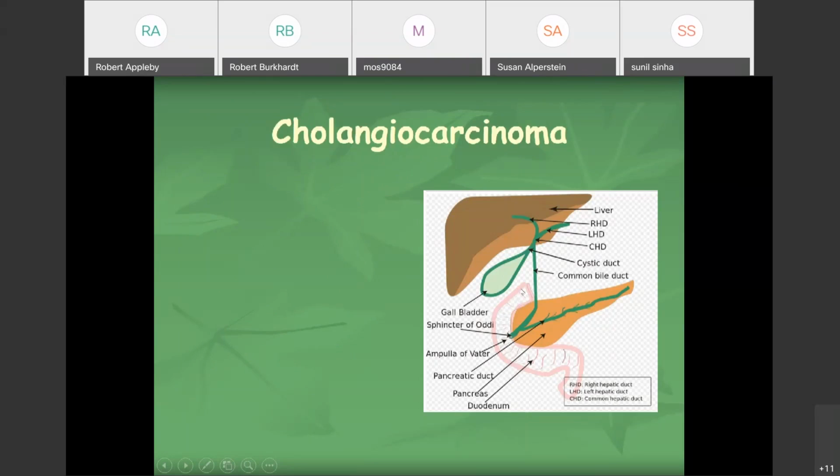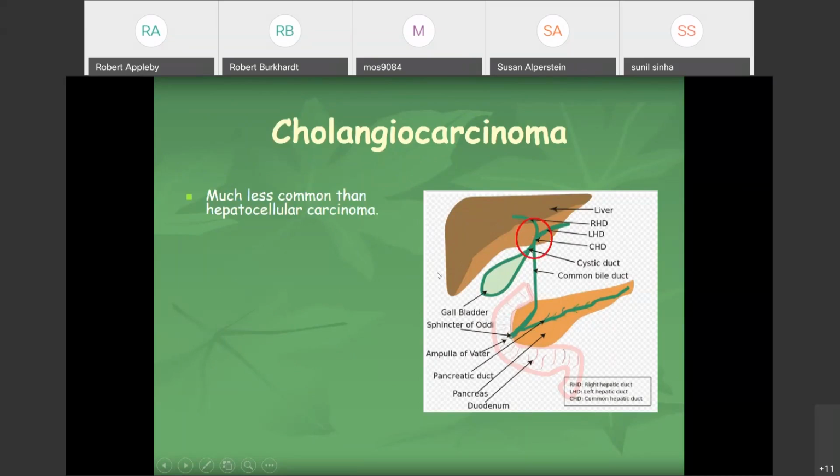A cholangiocarcinoma, first we reviewed the bile duct all the way to pancreatic duct, the same kind of ductal epithelium. And cholangiocarcinoma is from this anatomic side.